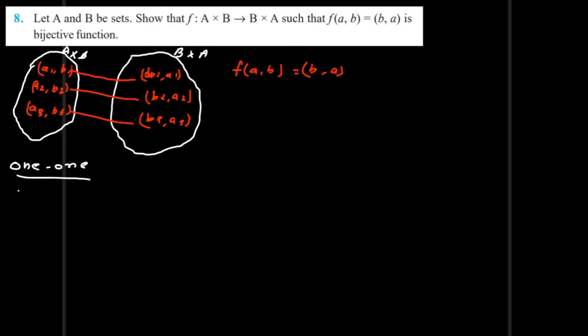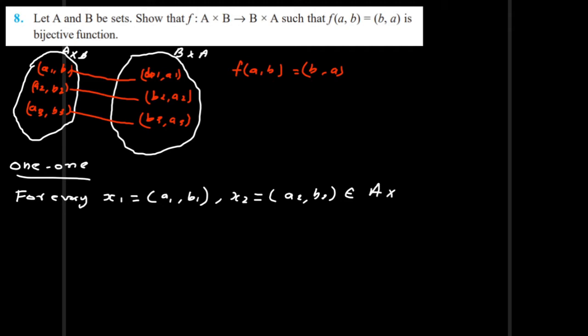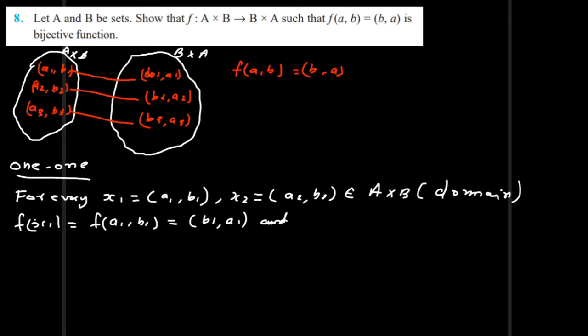So for every x1 equal to (a1, b1), x2 equal to (a2, b2) belonging to A cross B, this A cross B is the domain of the function. f of x1 is equal to f of (a1, b1), by the definition equal to (b1, a1), and f of x2 equals f of (a2, b2), that is equal to the ordered pair (b2, a2).